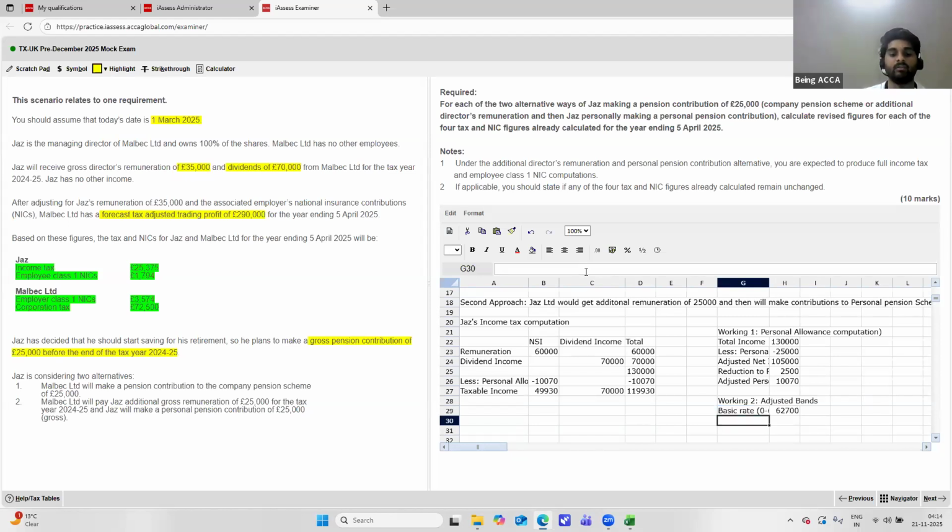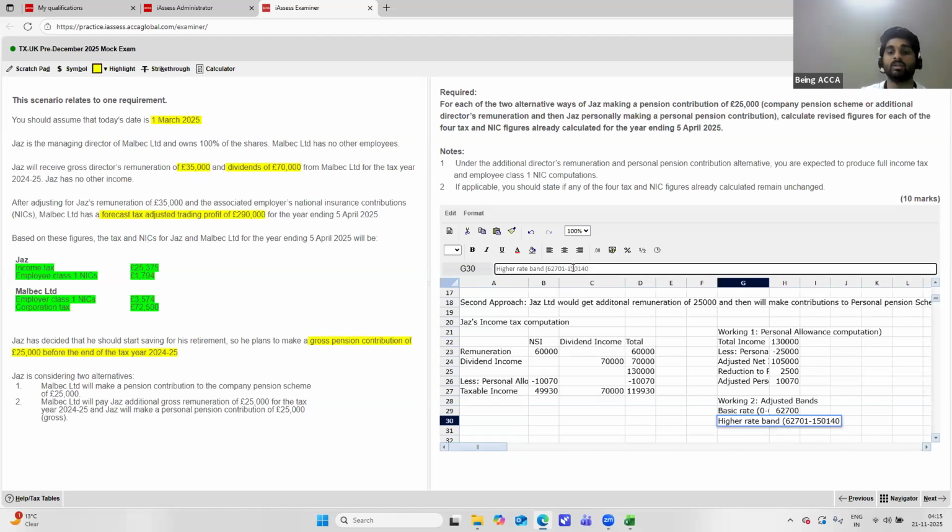The higher rate band would be 125,140 plus 25,000, to 150,140. So the higher rate band would be from 62,701 to 150,140.